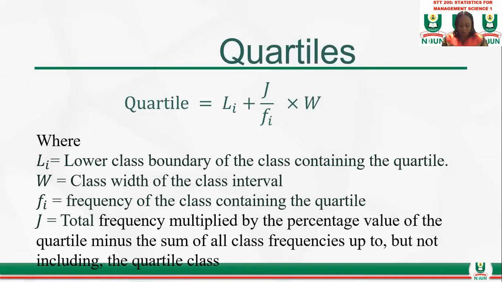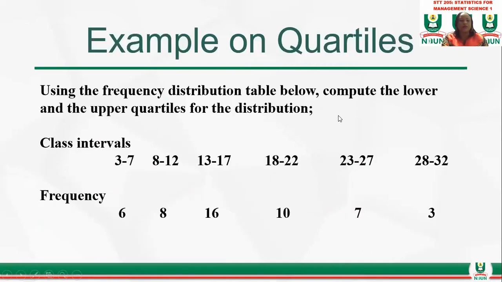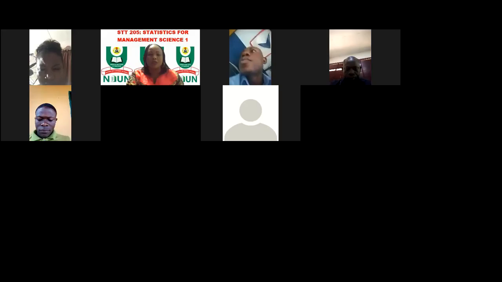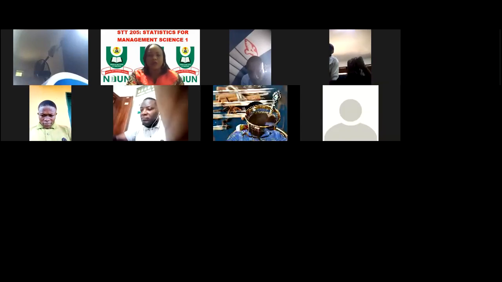Li, W, Fi, and J. So that we'll be able to compute using the table the lower and the upper quartiles. Let's do that fast. Who can give us the value before we go ahead?